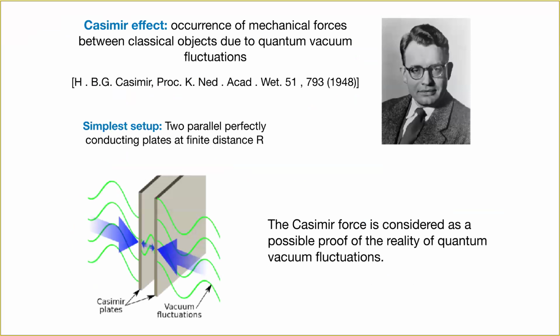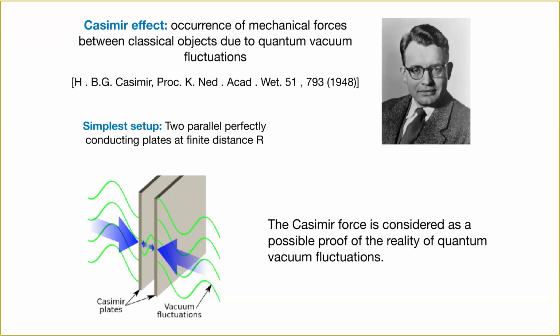Okay, so space-time with boundaries. First, it was proposed by Casimir: the idea that if you have two boundaries, so-called Casimir plates, where the gauge field, the electric field, equals zero, that means perfectly conducting plates.